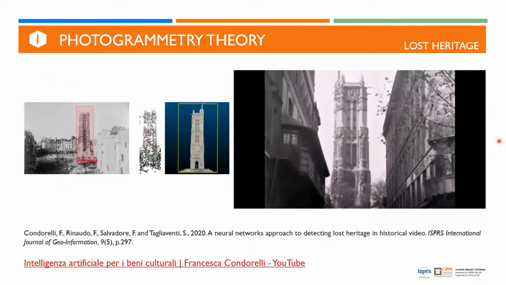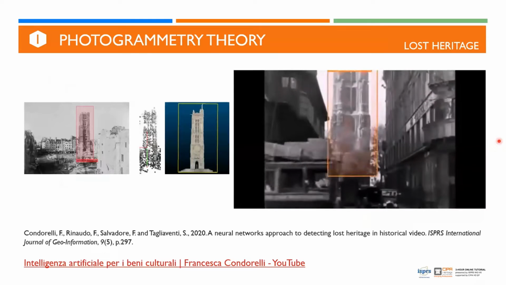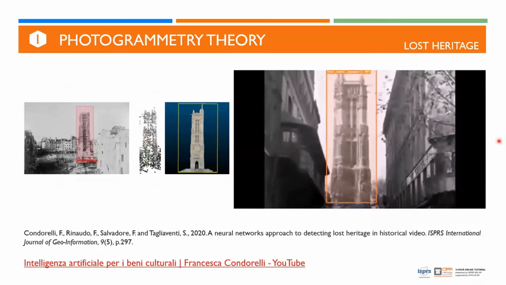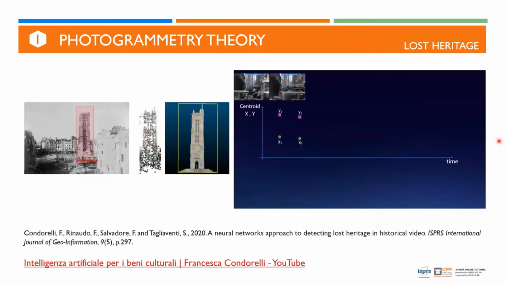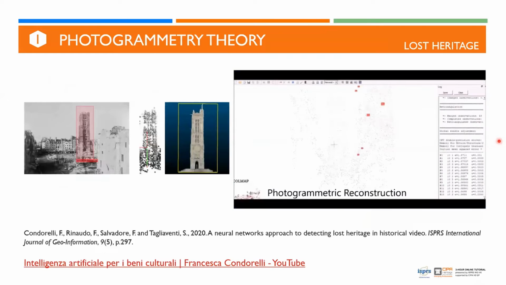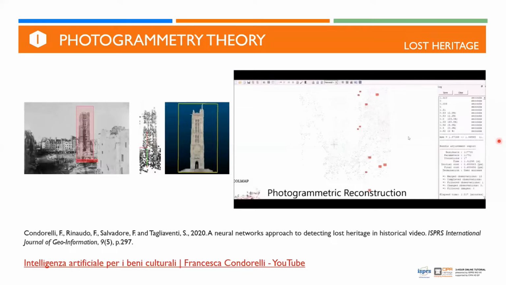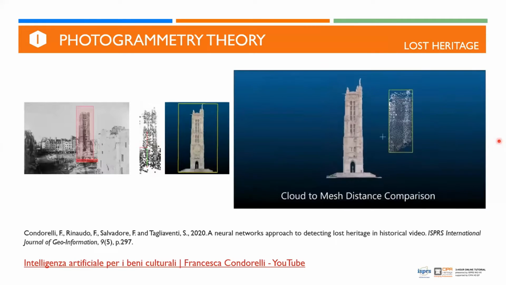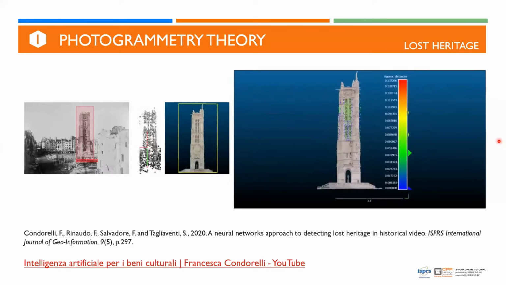Another work, always on cultural heritage and artificial intelligence and photogrammetry, so everything together. It could be to reconstruct, for example, the lost heritage, something that we do not have, but maybe we have videos, we have historical images. And here you can see that it has been reconstructed, always with artificial intelligence.